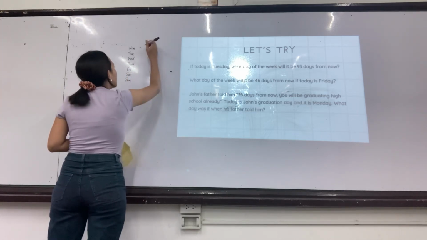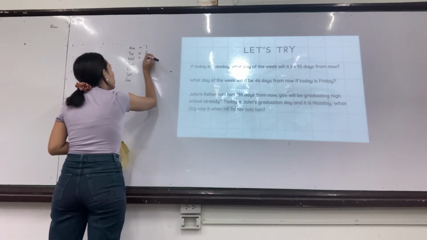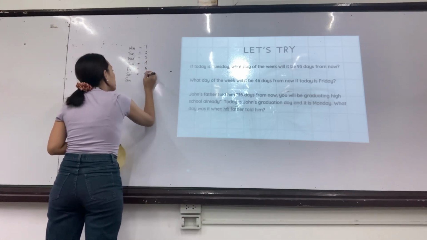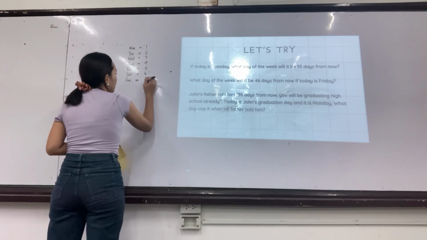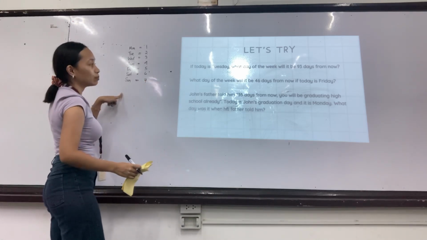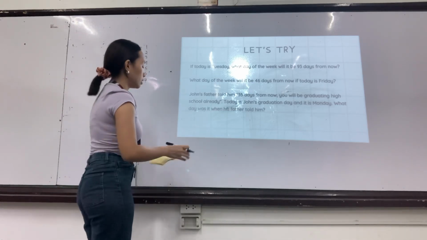For Monday, we can use number 1 to represent the day, and then 2 for Tuesday, 3 for Wednesday, 4 for Thursday, 5 for Friday, 6 for Saturday, and then 7 for Sunday. Okay, so these are the numbers that are going to represent the days of the week.